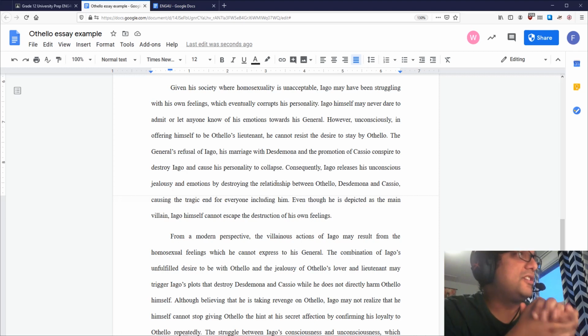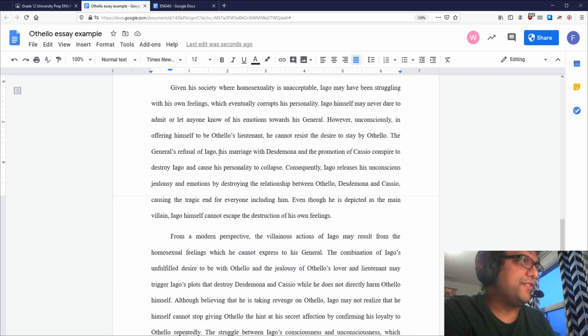Given his society where homosexuality is unacceptable, Iago may have been struggling with his own feelings, which eventually corrupts his personality. Iago himself may never dare to admit or let anyone know of his emotions towards his general. However, unconsciously, in offering himself to be Othello's lieutenant, he cannot resist the desire to stay by Othello.